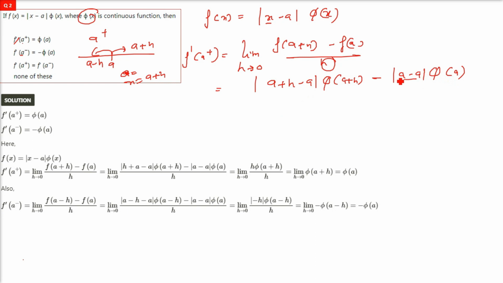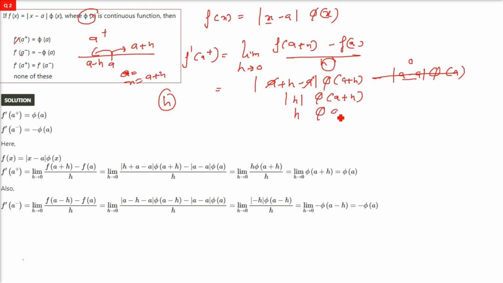A minus a is 0, so this whole term goes to 0, you can eliminate it. Here you get mod h, and then we have phi(a plus h). Now mod h is h, because h is a positive value, and mod of a positive value will be positive only.